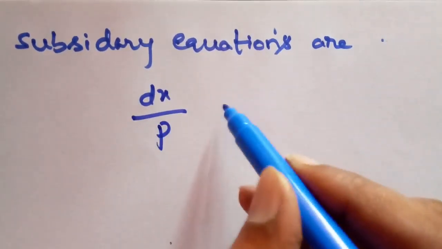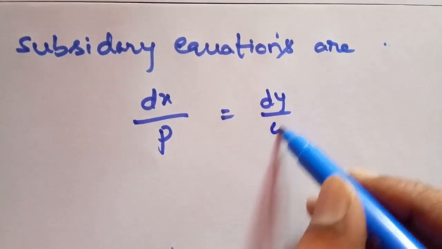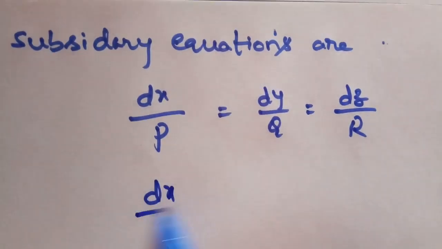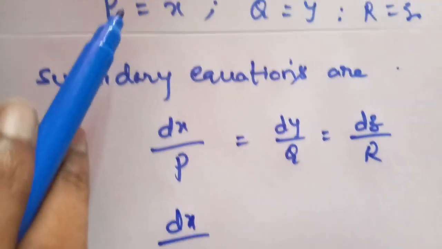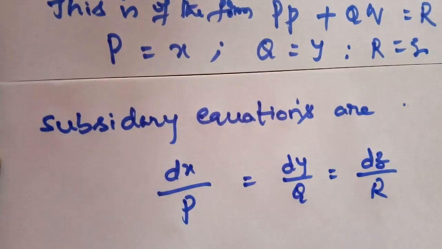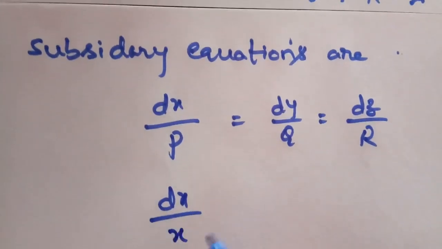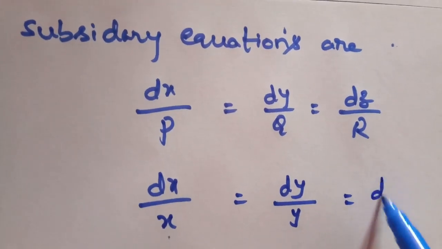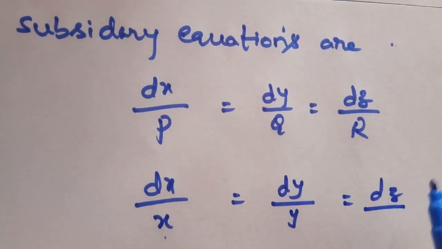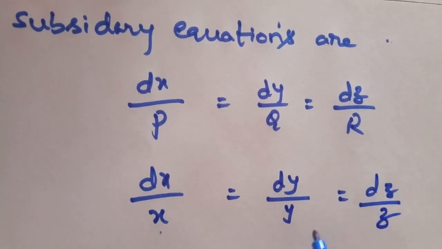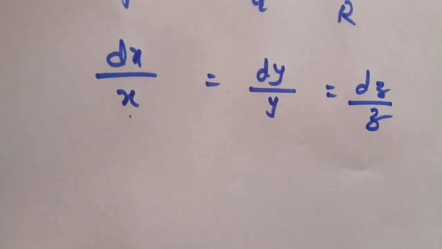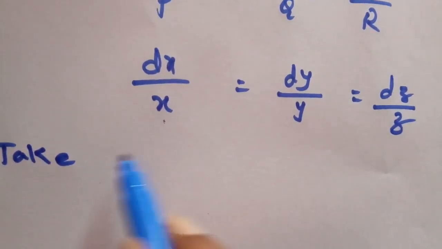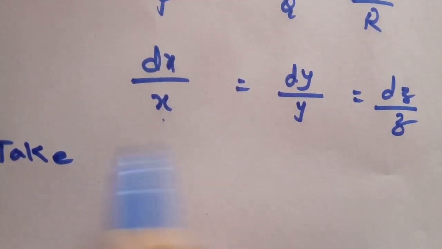Now write down the subsidiary equations: dx by capital P, dy by Q, dz by R. Now dx by capital P, P is x, Q is y, R is z. So dx by x, dy by y, dz by z. Take any two members, first and second, or second and third, or first and third.